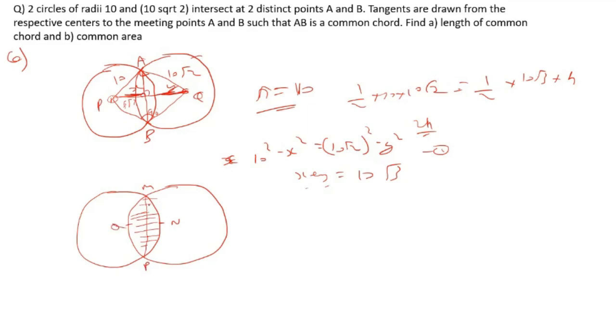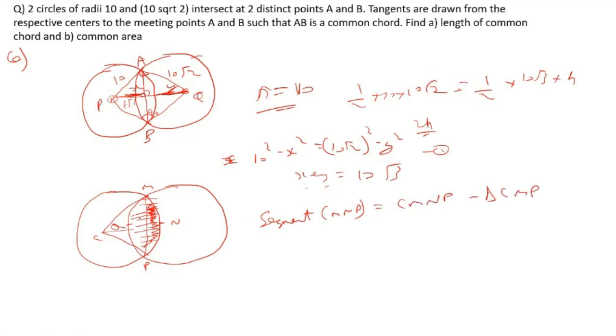Now the area of MNP, how to find that out? This area is nothing but a sector minus this triangle. This area of the segment MNP is nothing but the sector, let's call it CMNP sector, minus the area of triangle CMP, right?